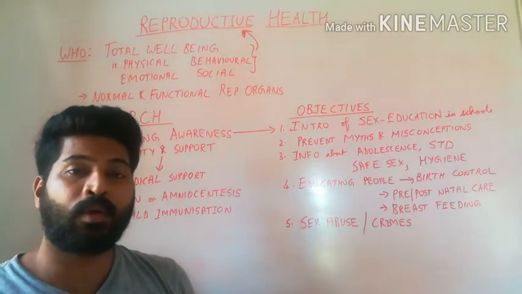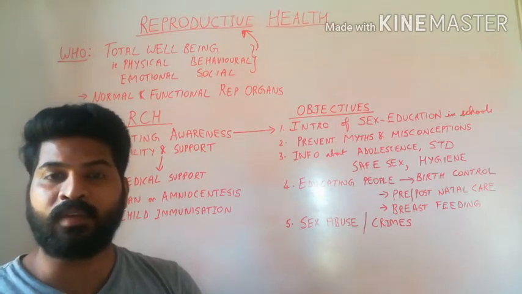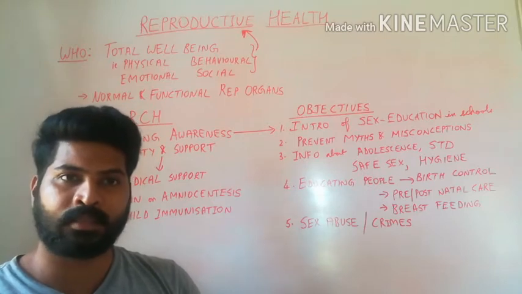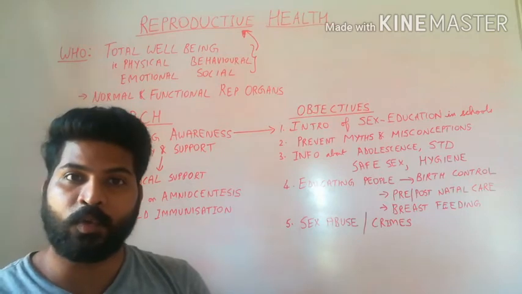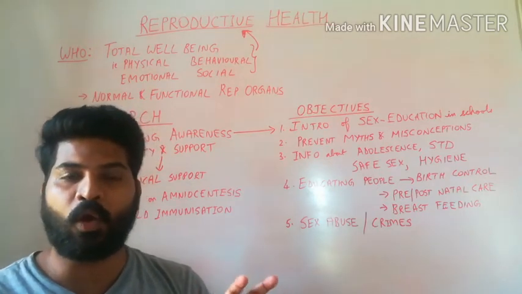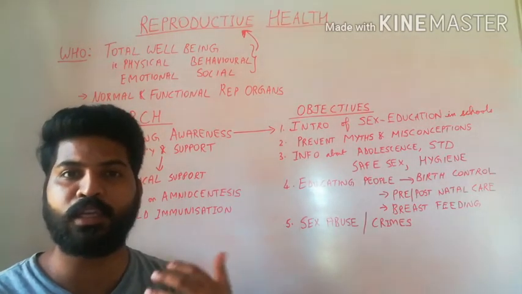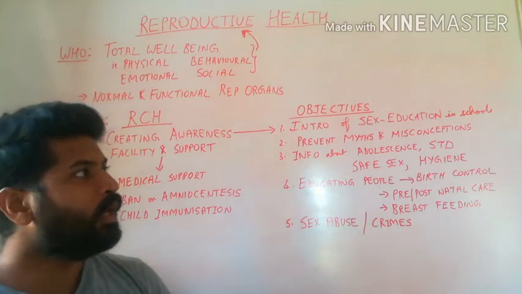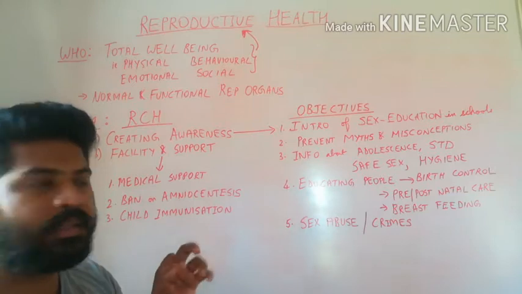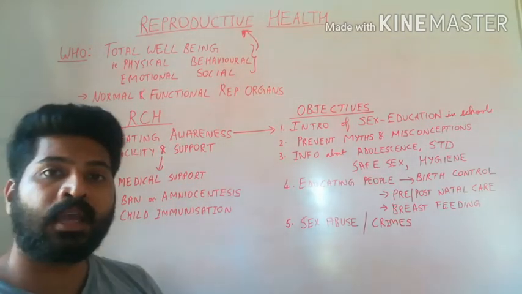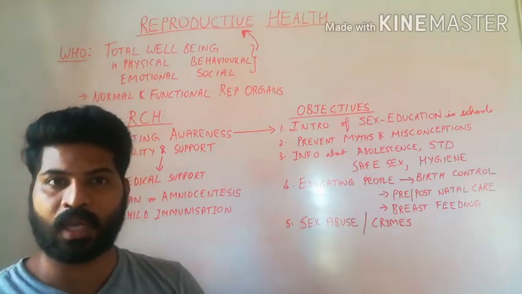India was one among the first countries which started this as early as 1951, soon after independence, under the title family planning, wherein impetus was laid on having small and manageable families, basically nuclear families. Now, all this family planning can be together studied under the head called RCH, Reproductive and Child Healthcare Programs.